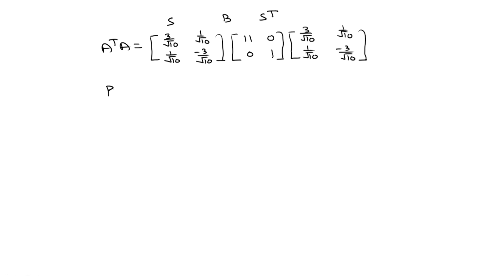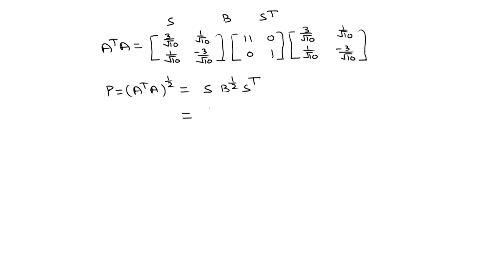So, now P will become the square root of A transpose A. This will become S B raised to power half S star, or here I am using transpose because the matrix is real.